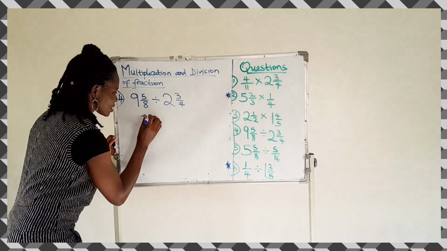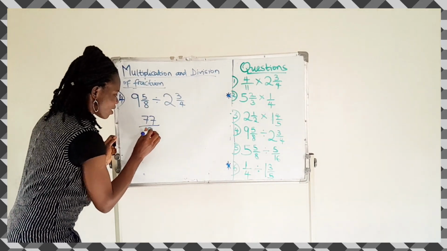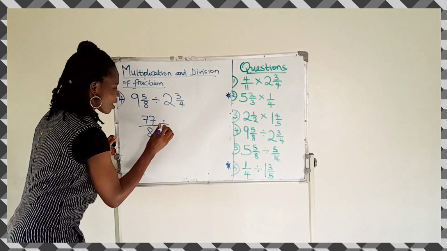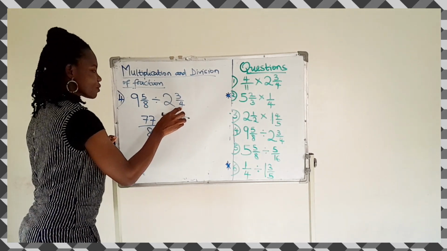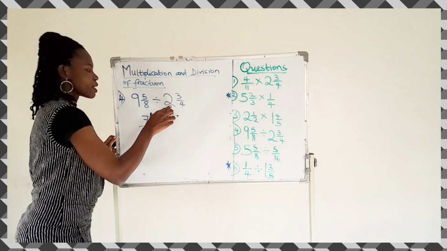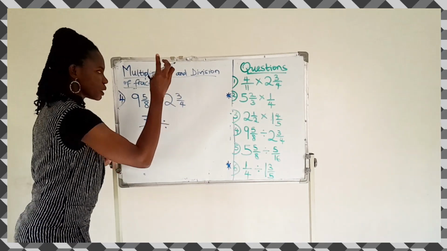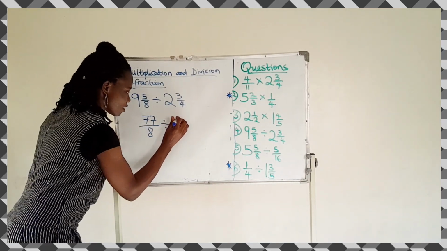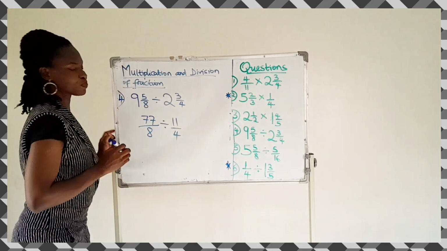So you have 77 over 8 divided by, we do the same for this, 4 times 2 is 8, 8 plus 3 is 11, so 11 over 4.